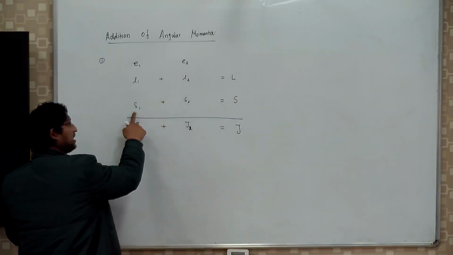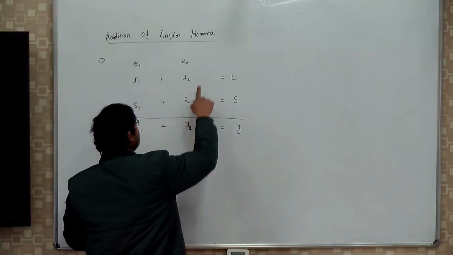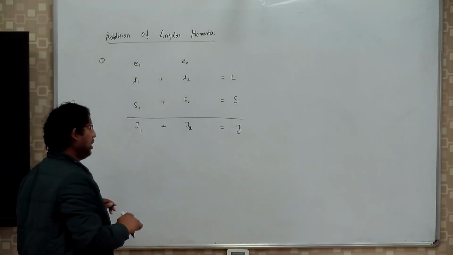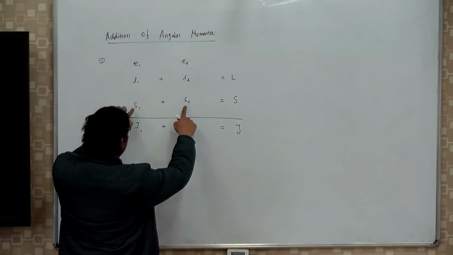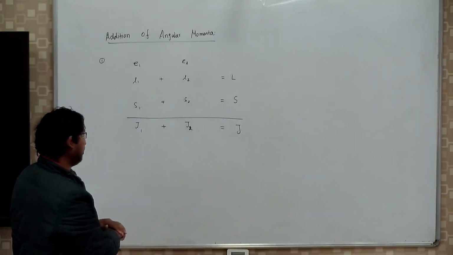S1 is the spin angular momentum of particle 1 and S2 is the spin angular momentum of particle 2. By adding these two spin angular momenta, we get the total spin angular momentum.